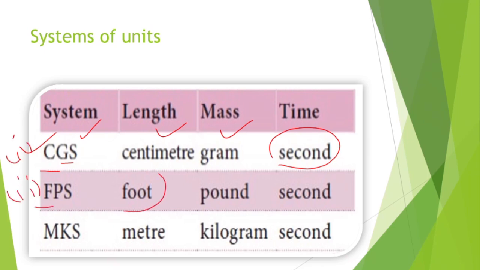F for foot, P for pound, S for seconds. Understand? And the third system is the MKS system. M for meter, K for kilogram, and S for seconds. So these are three systems of unit.